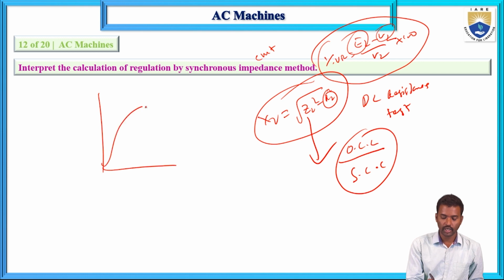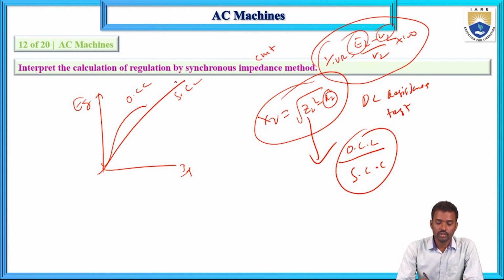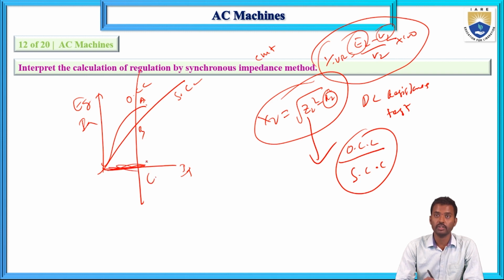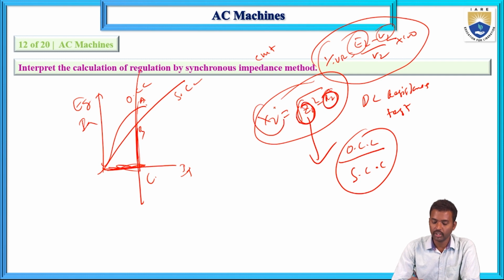The open circuit characteristic is drawn between field current and induced EMF, EG. Next, another characteristic, the short circuit. This is the open circuit test, and this is the short circuit test, calculated from armature current versus field current. Now we draw the vertical line and points A, B, C for the same fixed rated current. AB by BC is known as the synchronous impedance. After getting impedance and R2, you will get X2.